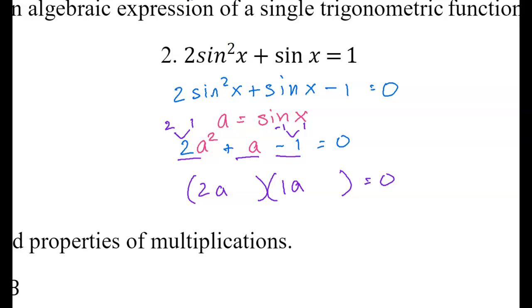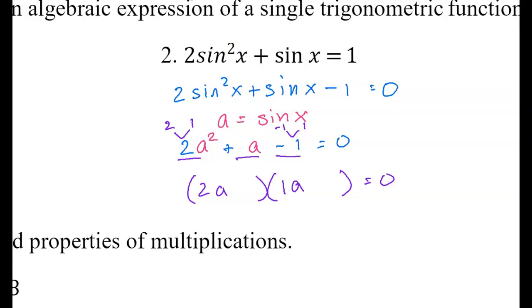Now here's the question. Where am I going to put the negative one, so that in the end, my B term will be a positive 1a? Now don't write this. It's just for fun.